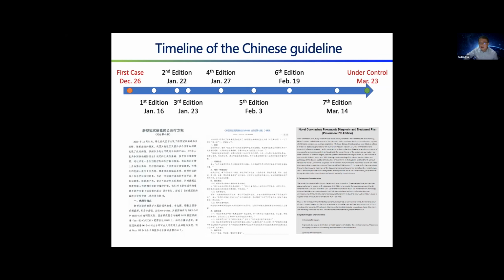Now the seventh edition is the mature one, released around March of this year, and it has also been translated into English and published on the internet.